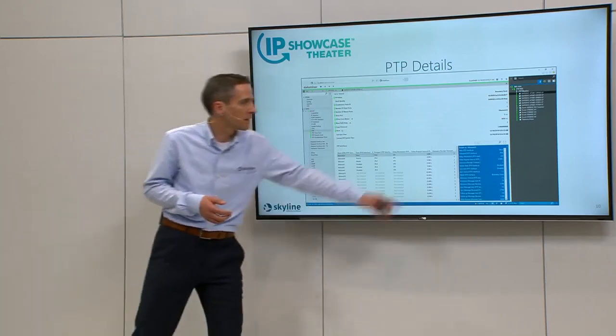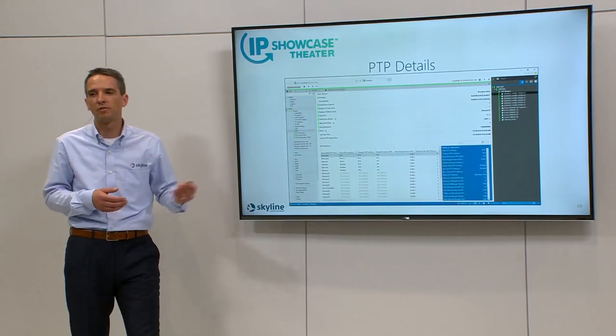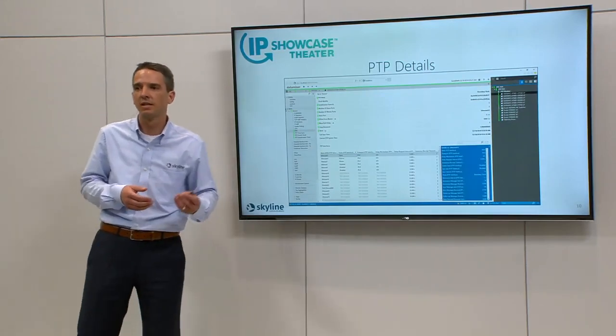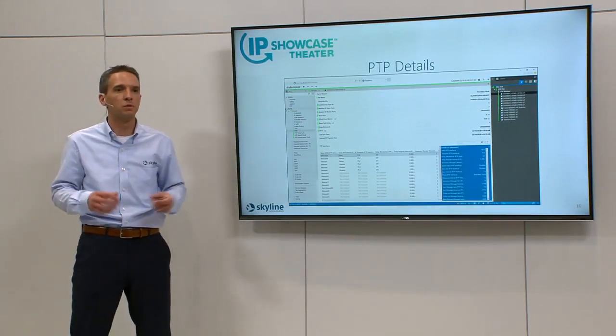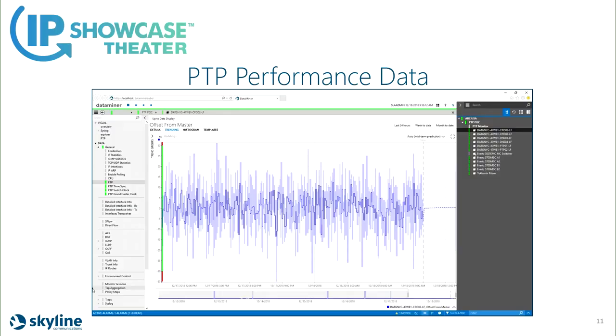Some switch vendors also expose a lot of PTP statistics, which is very useful for us, like the amount of messages you have received and sent. You can get a really good overview of your PTP ecosystem. And then you can go into more details, like this one here, where you see trend graphs of the offset from a master over time, and you see potential network degradations in a very easy manner.